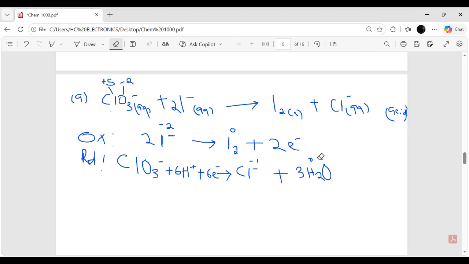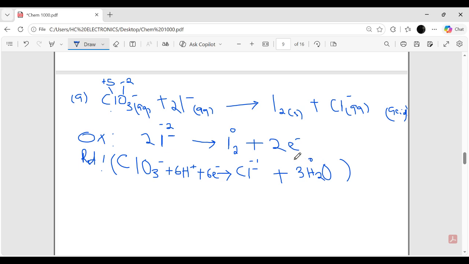Yes. So here, when you have this, you're now going to balance the electrons on the reduction and oxidation reactions by multiplying. Here you have 6, here you have 2 electrons.